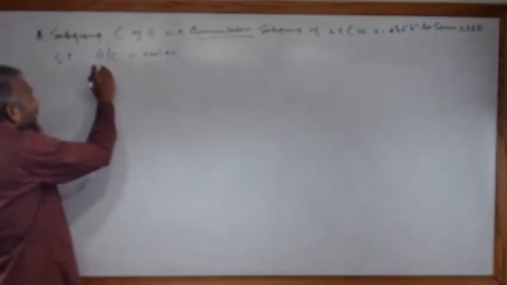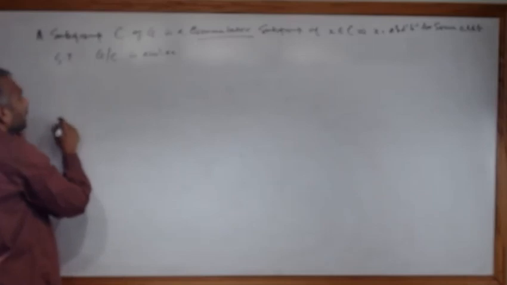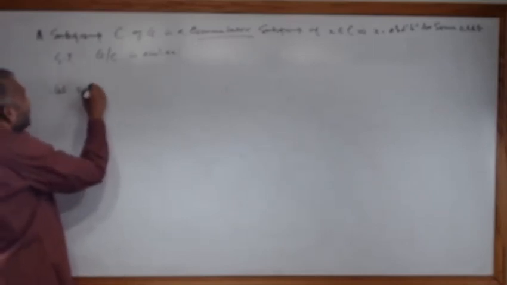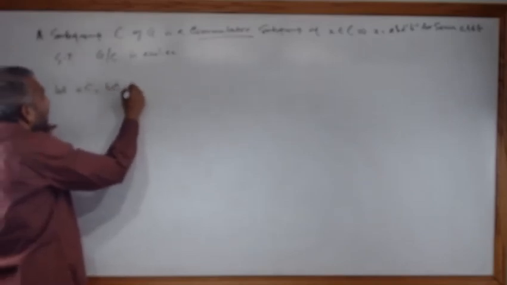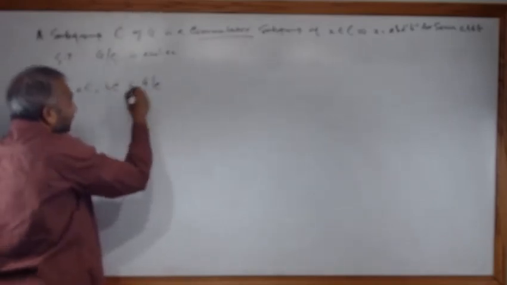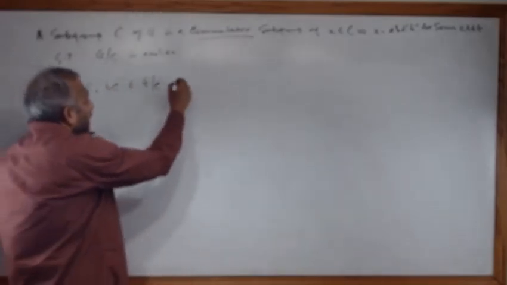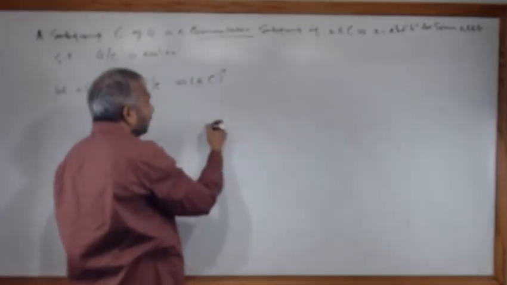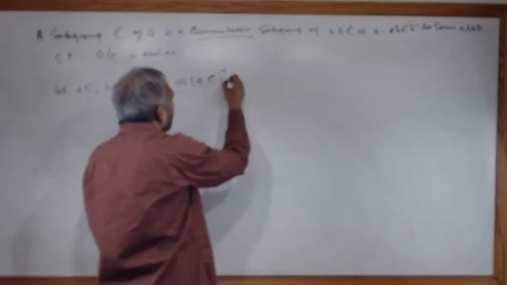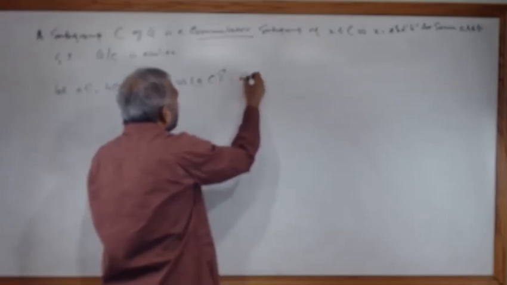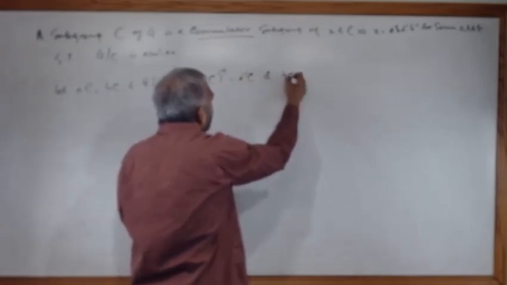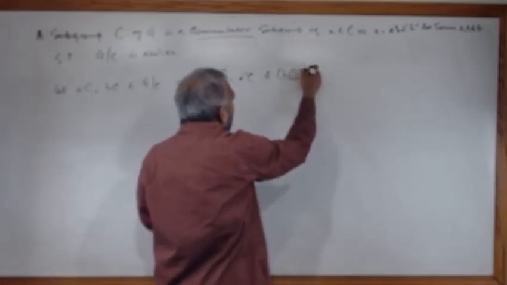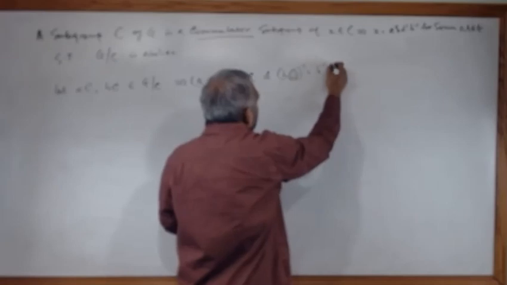So what we need to do is take two elements from here. So let aC, bC belong to G over C.